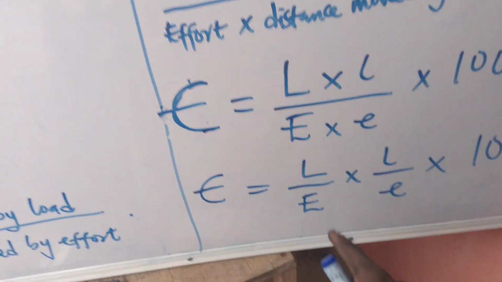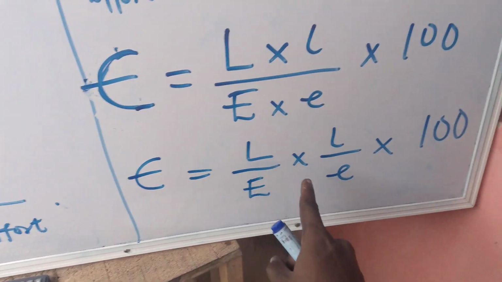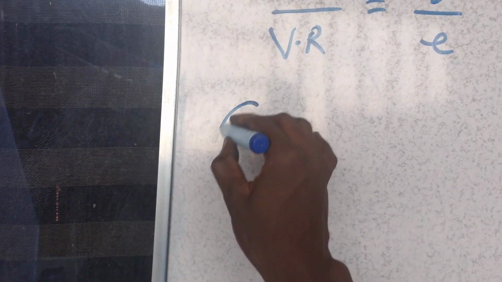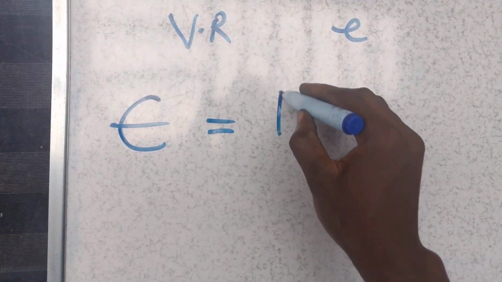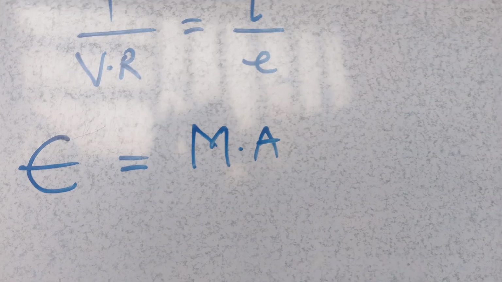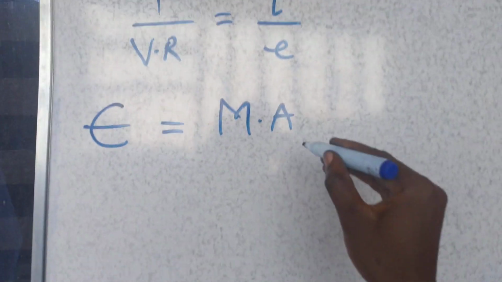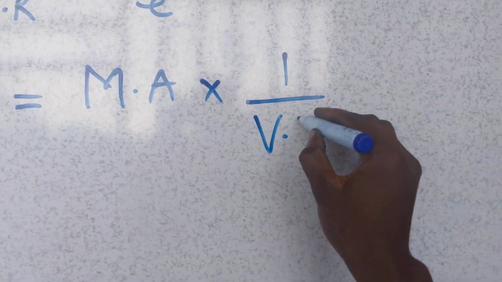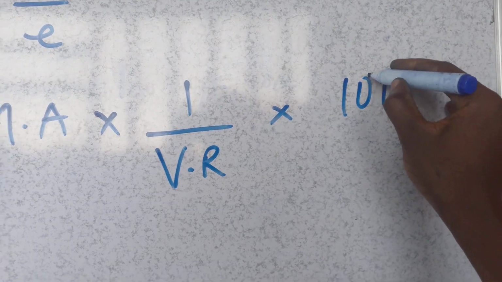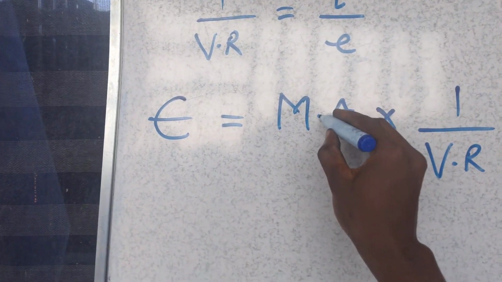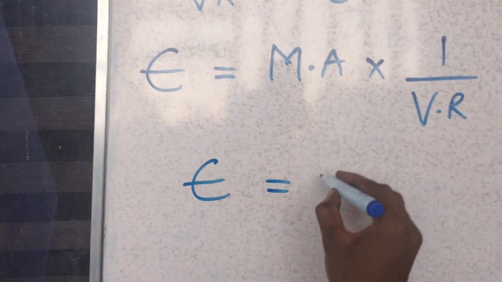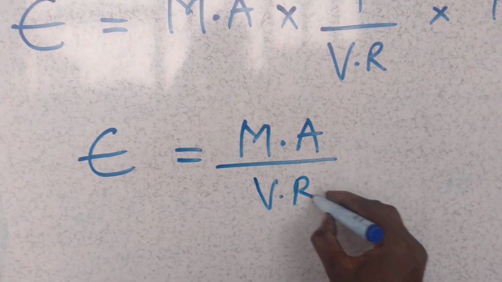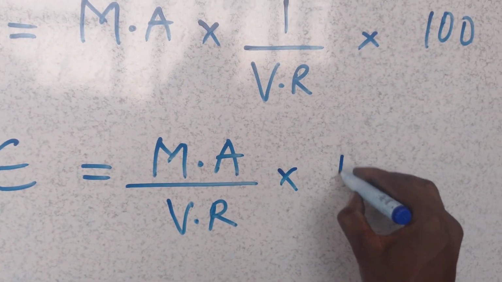In place of load over effort, I'll write mechanical advantage, and in place of distance moved by load over distance moved by effort, I'll write the reciprocal of velocity ratio, multiplied by 100. So MA times 1 will give me MA. That implies that my efficiency is MA divided by VR, multiplied by 100.